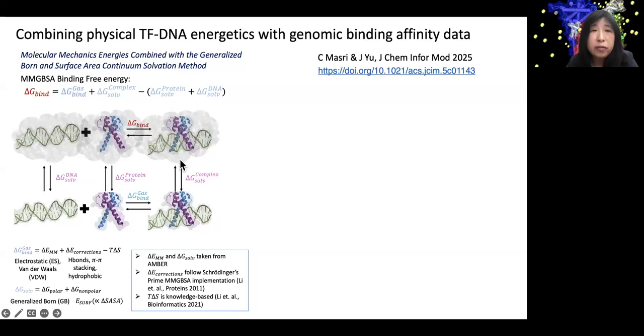The physical method we used is the MMGBSA method. It uses molecular mechanics to calculate the binding energetics between protein and DNA, and for the solvent contribution, it uses a continuum model to calculate the solvent polar and nonpolar contributions.